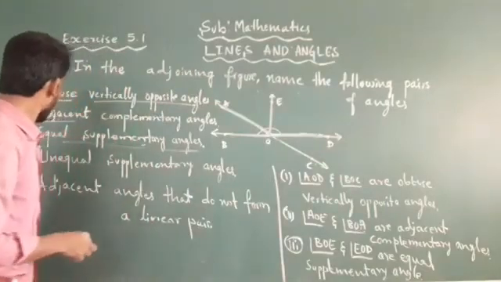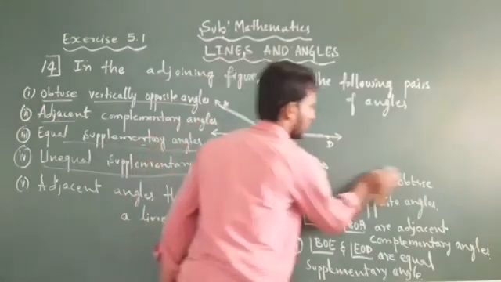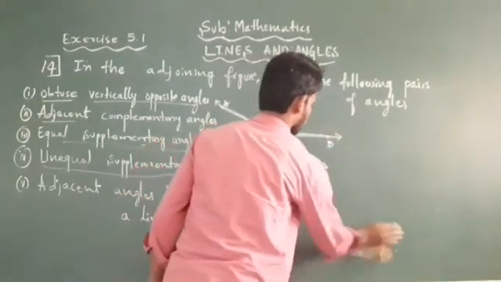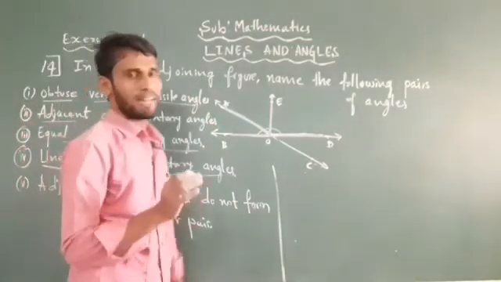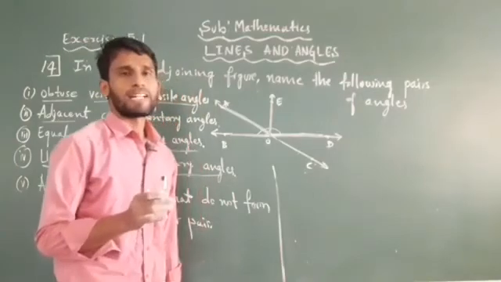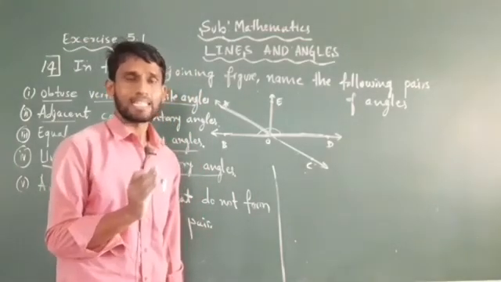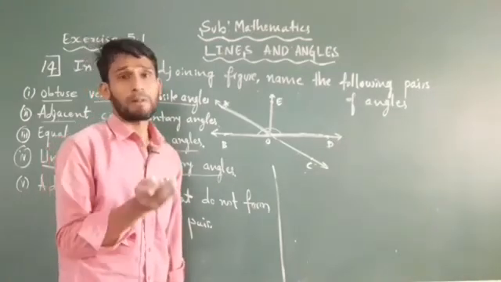Next I have here fourth one. Unequal supplementary angle. Supplementary angle means we know the sum of two angles is 180 degrees. That is what you will call supplementary angle. We have to find out here unequal supplementary angle.